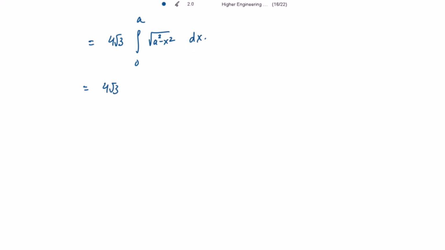Now integrating this with respect to x, there is a formula: x over 2 square root of a square minus x square plus a square over 2 sine inverse x over a. This is the formula for this integration from 0 to a.